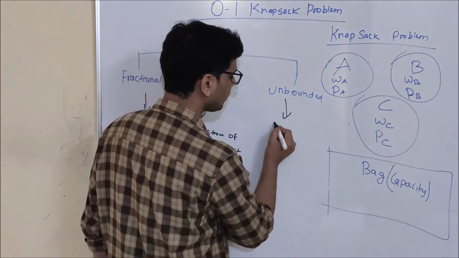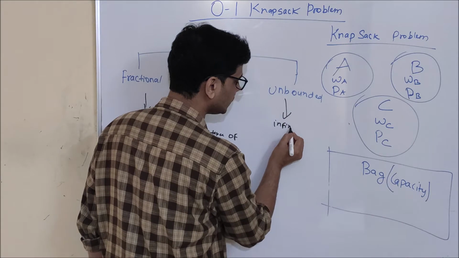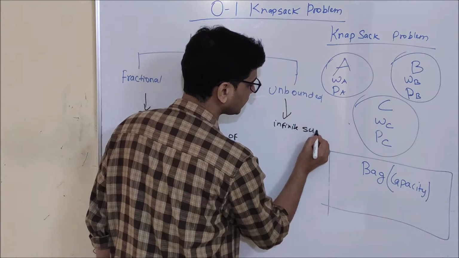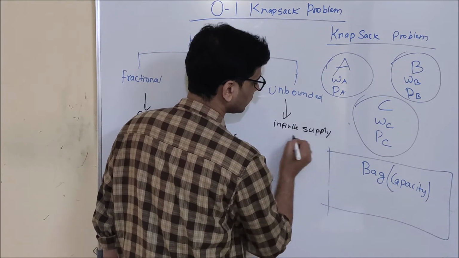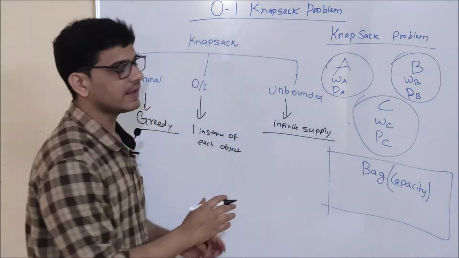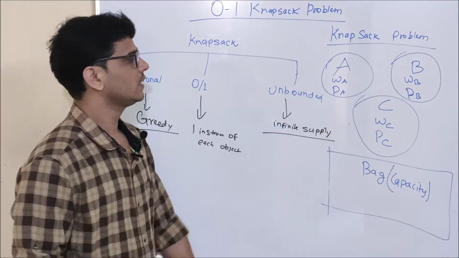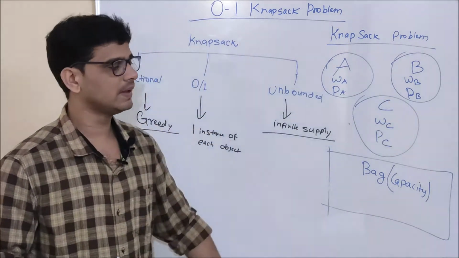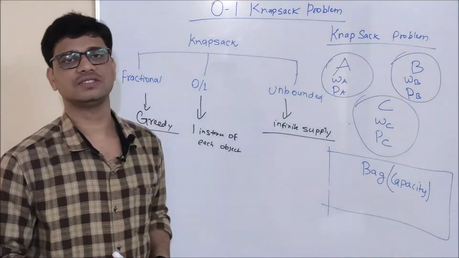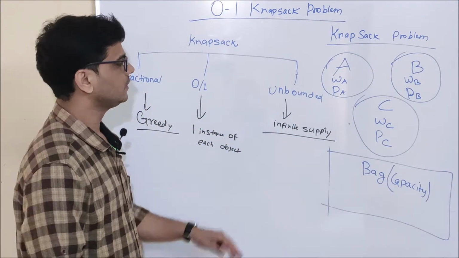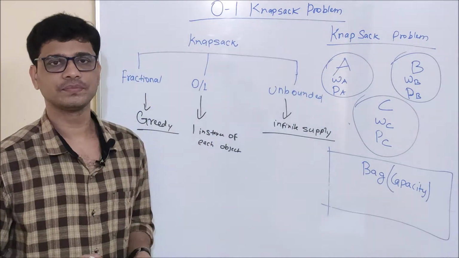But here we have infinite supply of each object. That is, I have an infinite number of object A, an infinite number of object B and an infinite number of object C. So this is what we have in the unbounded knapsack problem.